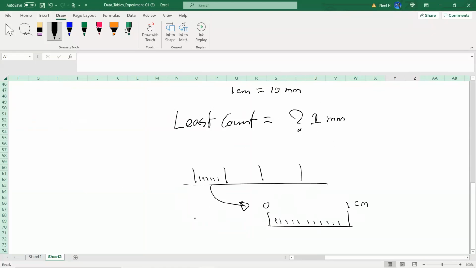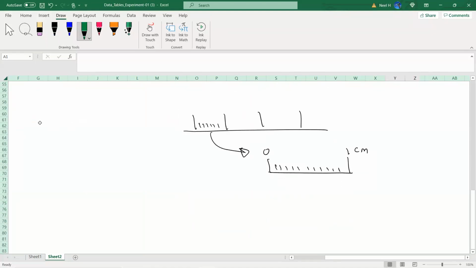If I measure something, let's consider I'm measuring this small length, a few millimeters. Starting from here, I align this edge, and the other edge can be exactly aligned with the millimeter line precisely. Then you can measure exactly to that millimeter.